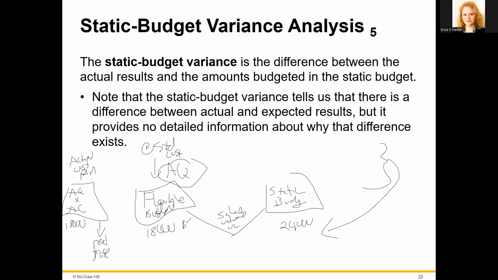This is budgeted at 18,000 units here. So if we take our standard costs and revise our original budget for 18,000 units, and we update all of our direct materials, direct labor, and manufacturing overhead based on 18,000 units, that's our flexible budget. And then this here is our flexible budget variance.